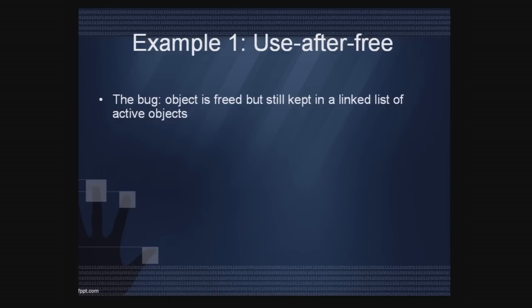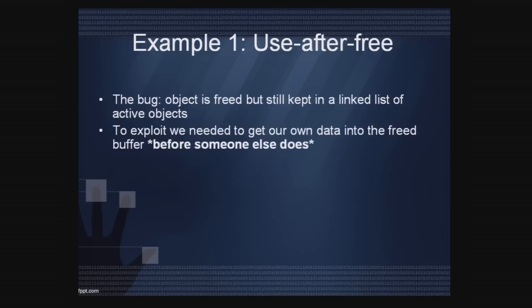The bug itself was quite simple. There was an object that was freed, but it was kept in a linked list of objects that are still being used. So what you want to do in that case is get some new code that you control into that buffer that was freed, and you have to do it before someone else takes that buffer, which is the key point.